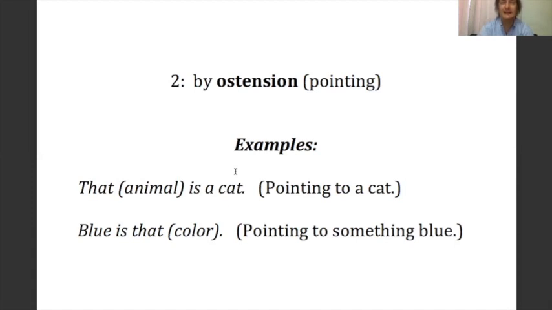Do that enough, and the child will make a connection between the sounds, the word cat, and the object, the specific cat that the mother is pointing to, for example. At that stage, perhaps the word cat is acting like a name for the child. The child doesn't yet know whether cat is picking out only one thing or if it's going to pick out multiple things.